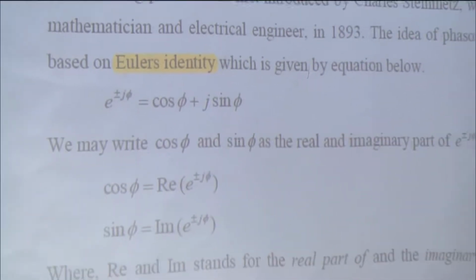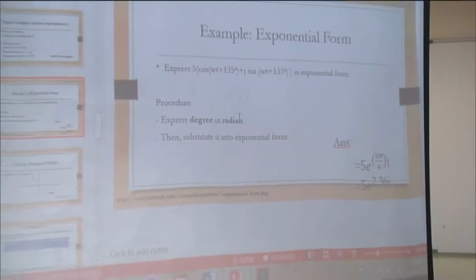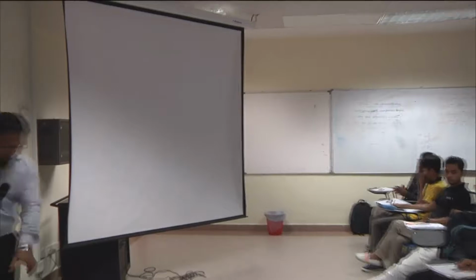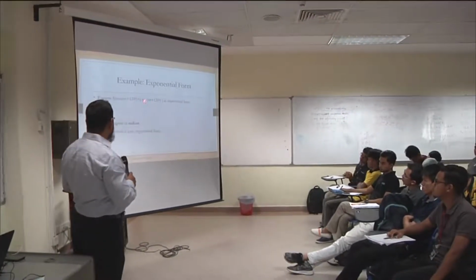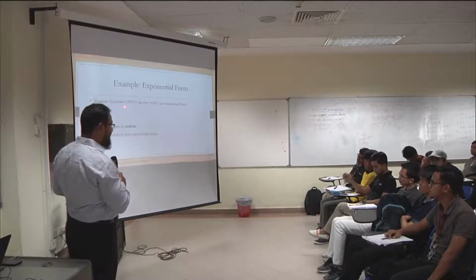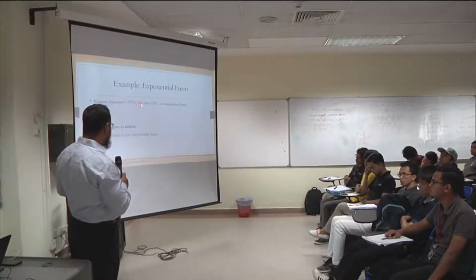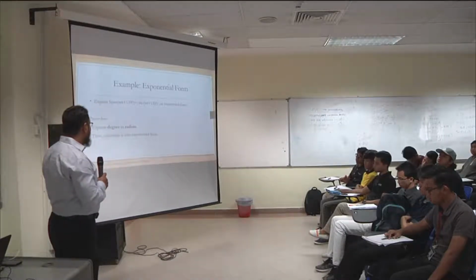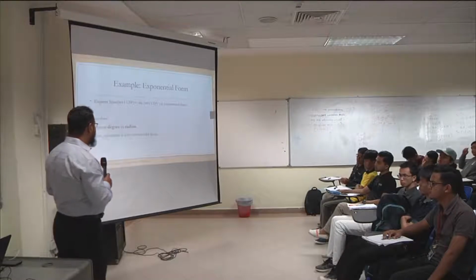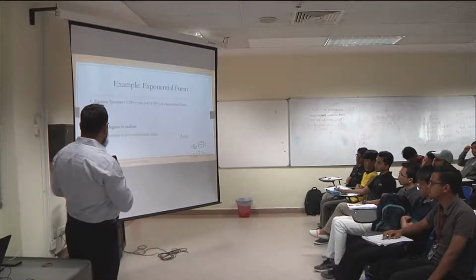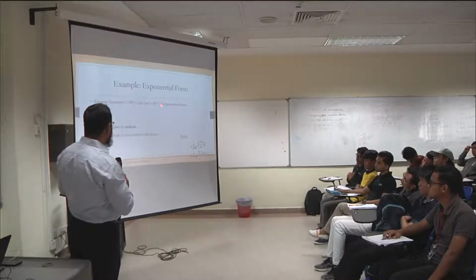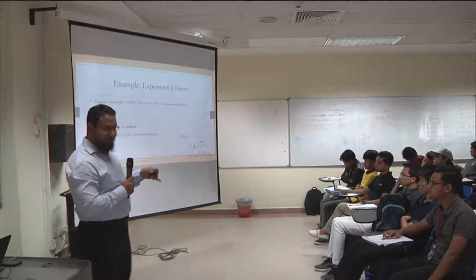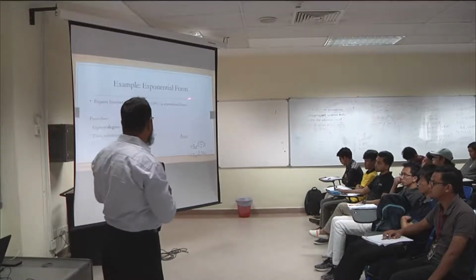This relationship is called Euler identity. Okay, so let's go back to the presentation slide. All right, so this is the thing we get. So it looks familiar to the Euler identity, right? So this is actually Euler identity. This would be equal to e to the power plus minus j of omega t plus 135 degrees. Okay, so this is the answer. The left side on the Euler identity, which is e to the power something, is called the exponential form.